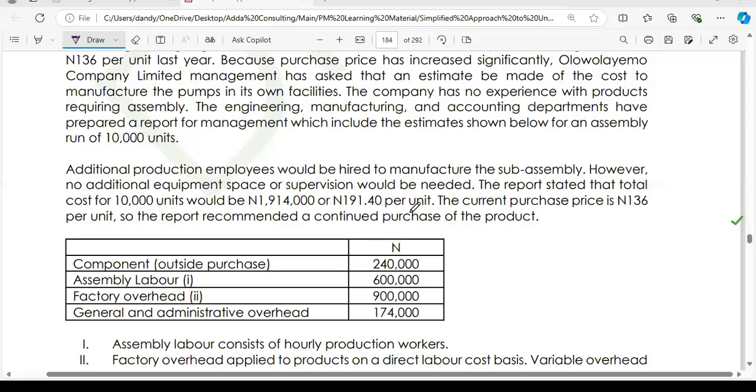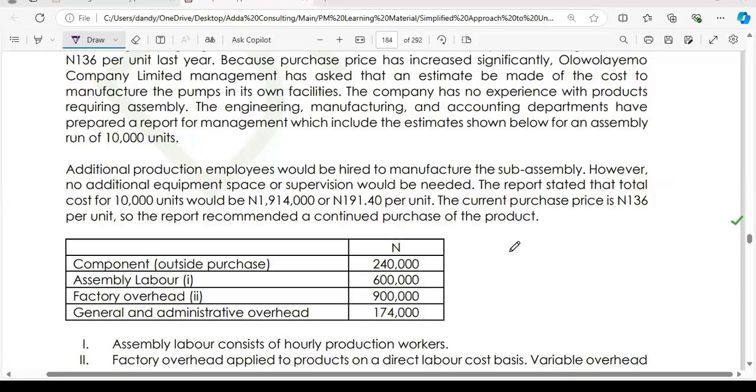The report stated that the total cost of 10,000 units would be 1,114,000 naira, or 191.40 naira per unit. The current purchase price is 136 naira per unit, so the report recommended a continued purchase of the product.